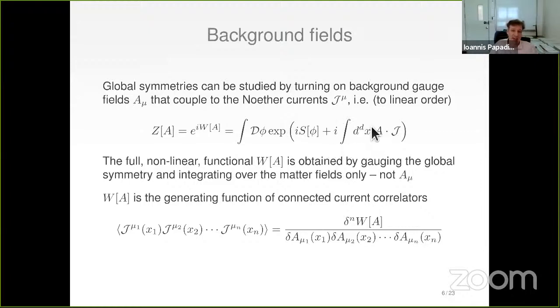In particular, in this case, this amounts to turning on a background gauge field A that couples to the conserved Noether current J. The path integral over the elementary fields then gives an effective action that depends on this background field. And this can also be thought of as a generating function for correlation functions of Noether currents. If we take successive derivatives of this effective action with respect to the background gauge field, we compute the n-point function of Noether currents.